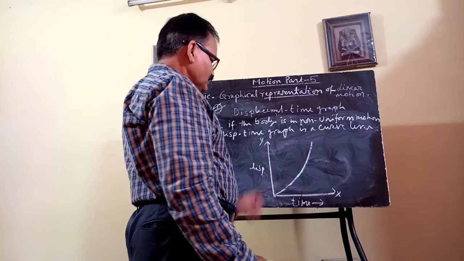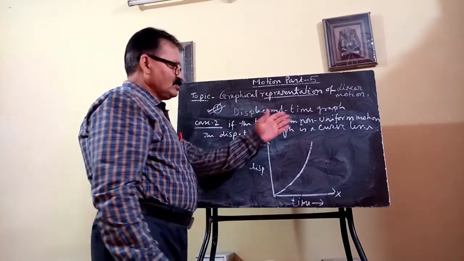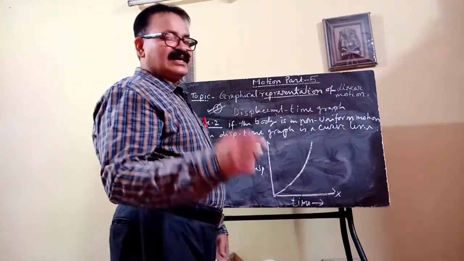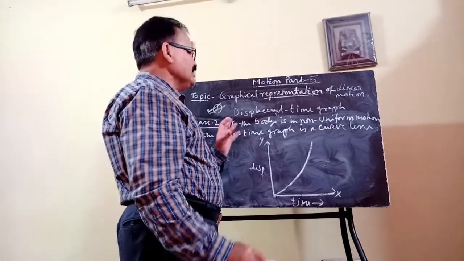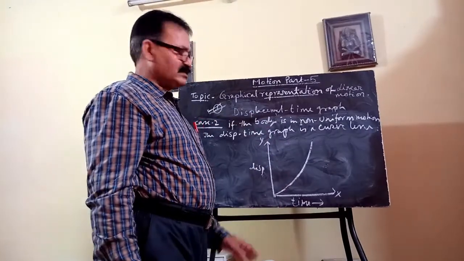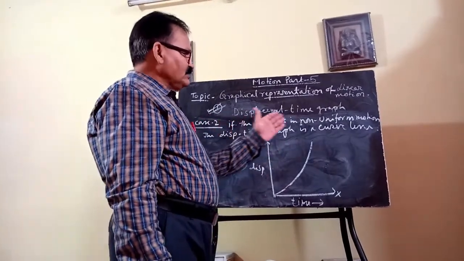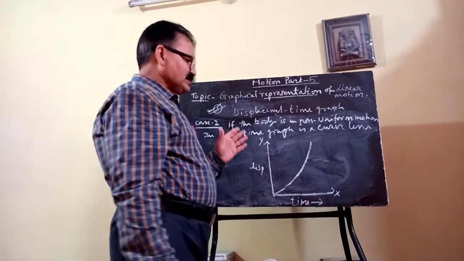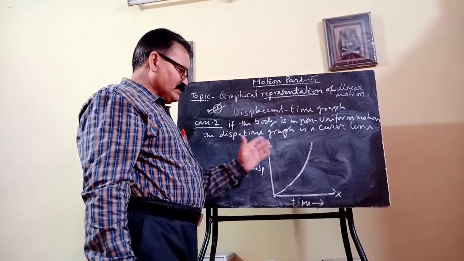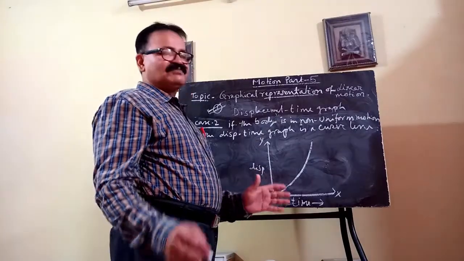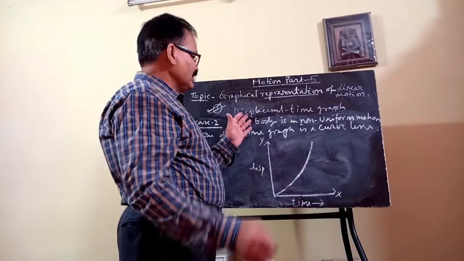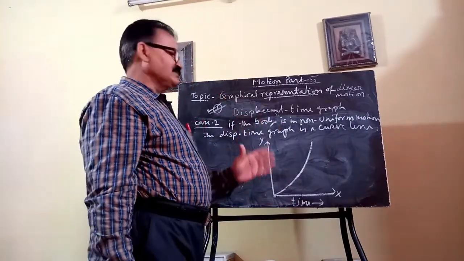And for this type of non-uniform motion, the slope will give you the instantaneous velocity. For non-uniform motion, the slope of your displacement time graph will give you the instantaneous velocity.